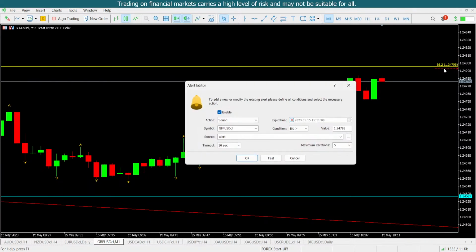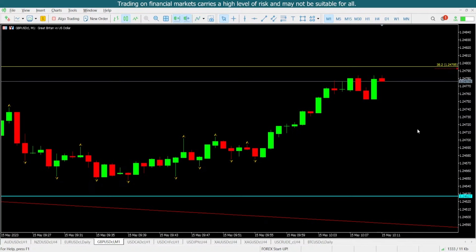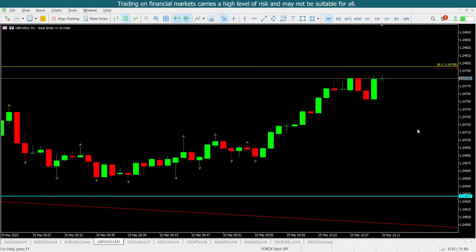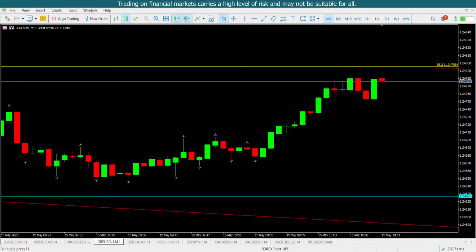Ayan, somewhere dito is where I am interested to go for that sell, no? So, tingnan natin. Ayan, so that's where I am currently interested. Okay. If that can go and move in our favor, that will be lovely.